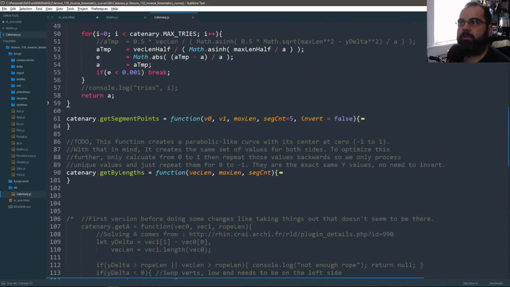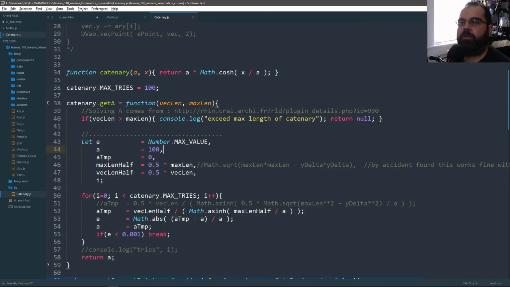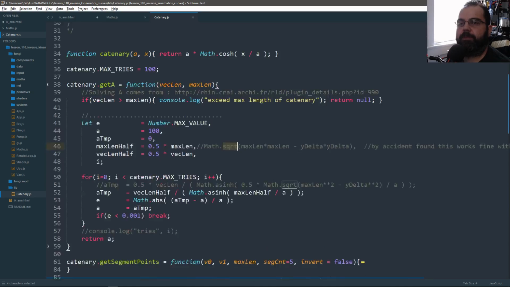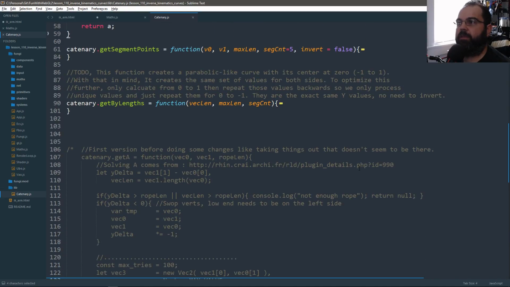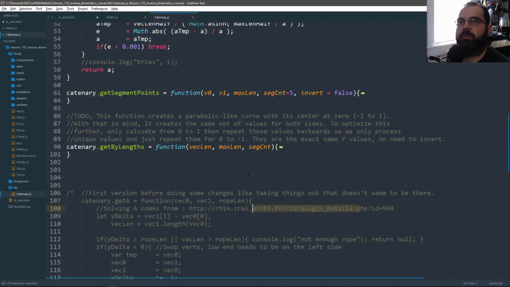I optimized it a little bit, and there are some things in here I noticed that I don't even need. So I managed to cut down the equation by a bit. All of this I was able to take out. I didn't need to use square root or anything. But in case I make a mistake, I have the original function that I wrote here, and the link to the original function of solving for A.